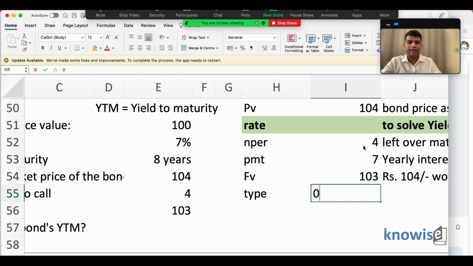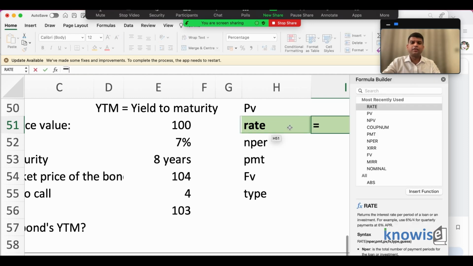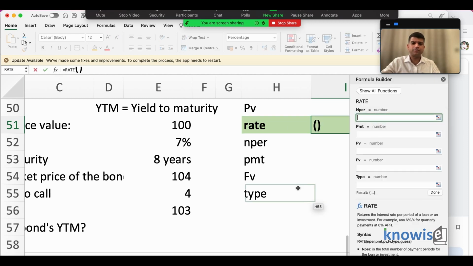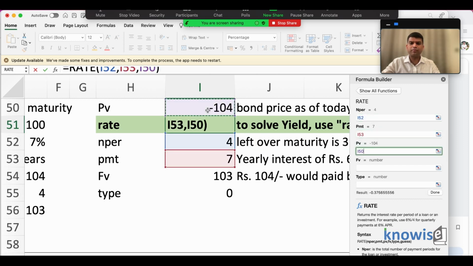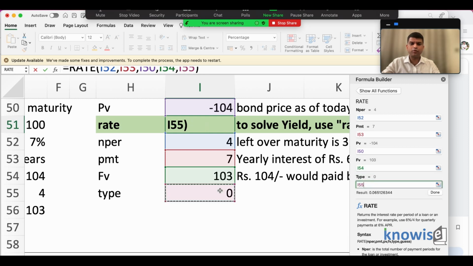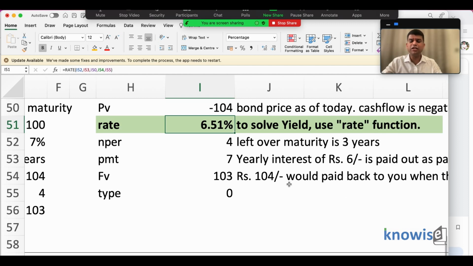Again, this 104 has to be negative, so let's put a minus symbol. Just solve the rate function. N per is 4, PMT 7, present value is minus 104, future value is 103, type is 0. When you solve this, the YTC, the yield to call, is 6.51%.